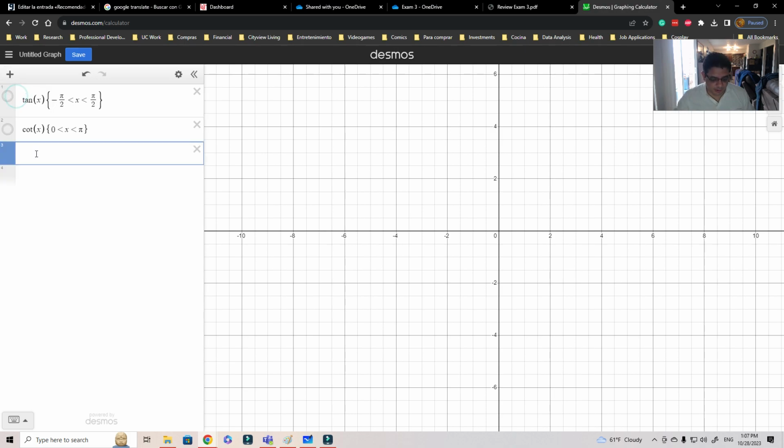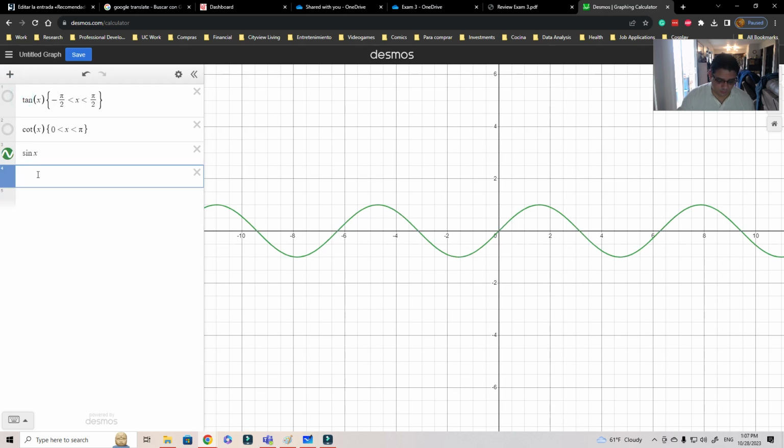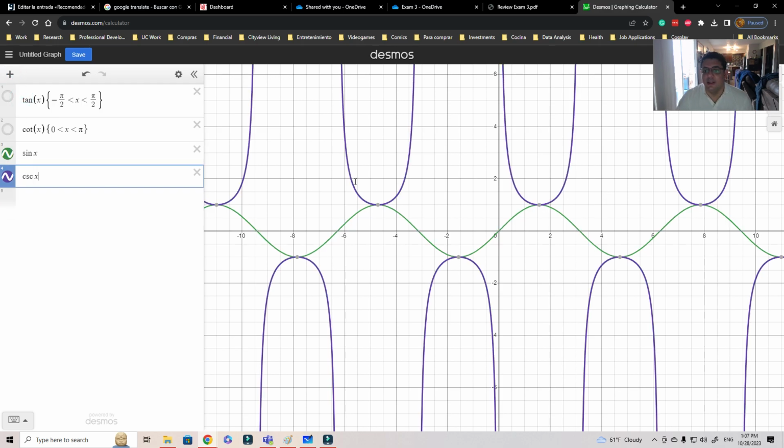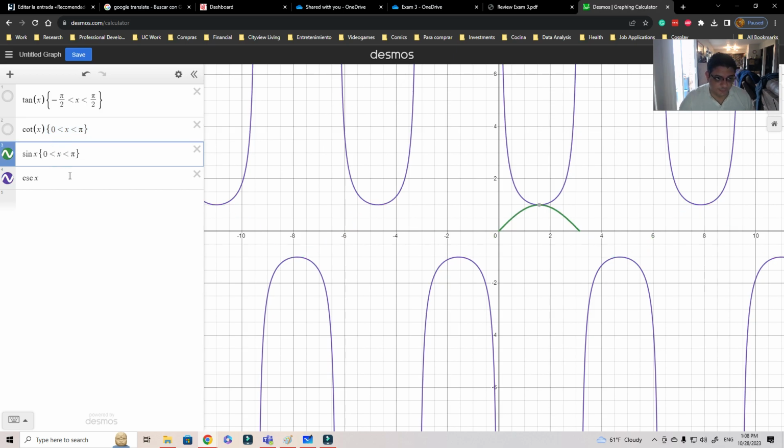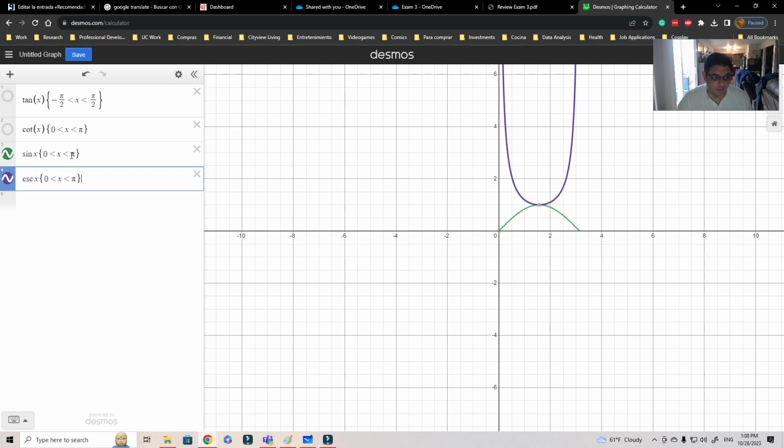And if you remember, when we consider sine of x, you can go ahead and do cosecant of x. You notice that we do have a 0 to 2 pi period for the sine of x function. Let me copy this so you can see the domains more clearly. Here we have a full domain of the function sine of x, and here a full domain of the function cosecant of x.